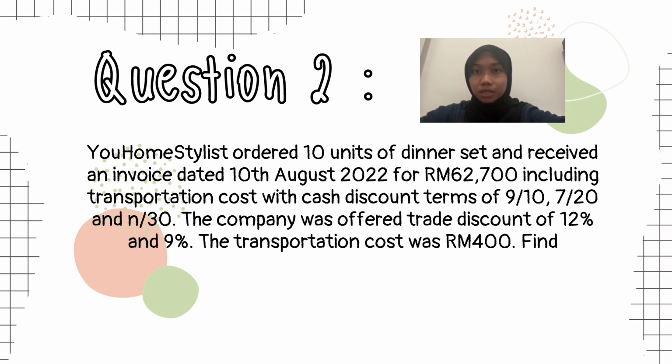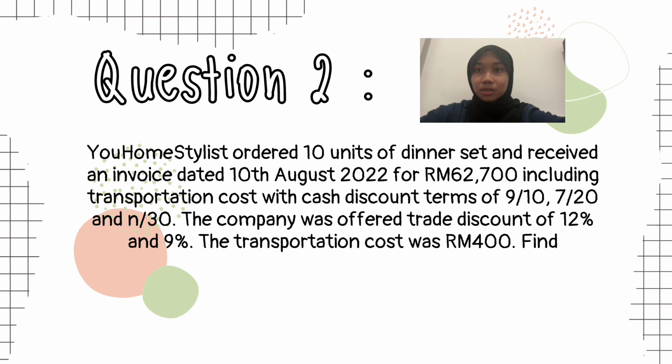The transportation cost was 400. So we have to list out the information given, which is LP equals 16,700 minus the additional cost, which is 400, and the answer is 16,300.